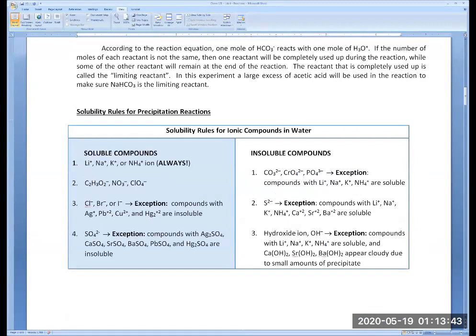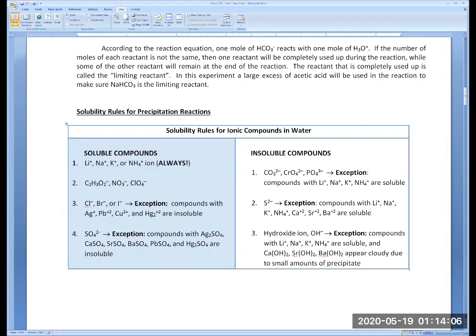And so this is the topic of chapter 7, the solubility. You have not learned that yet, but for this lab, you need to be able to read a table like that of the solubility rules for ionic compounds in water, because I told you some are soluble in water, but some ionic compounds are not soluble in water.